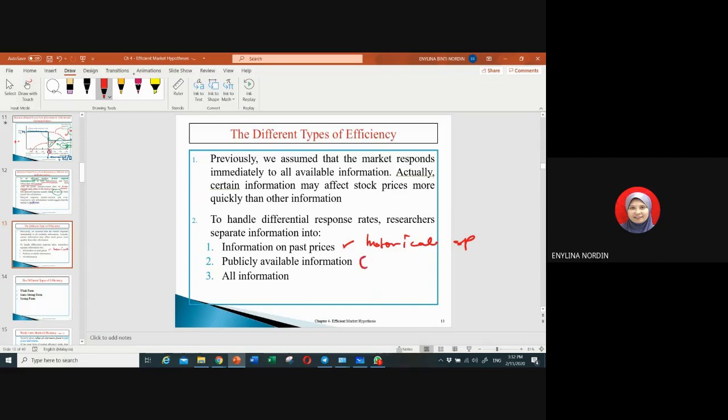So this information is referring to the historical stock prices, the past stock prices, information from the annual report, newspaper, and etc. In other words, the information that is publicly known or available. The next one is all information, which includes private information and public information.